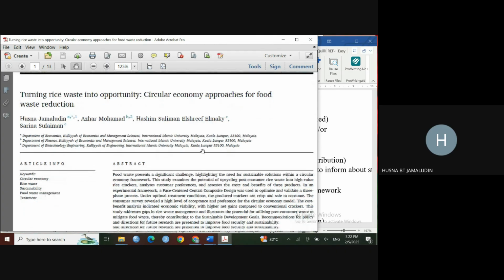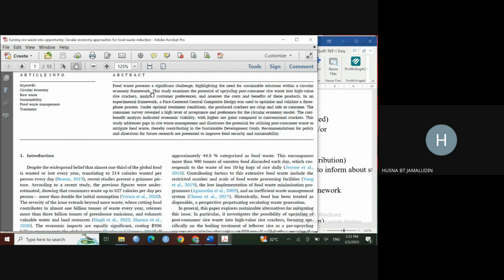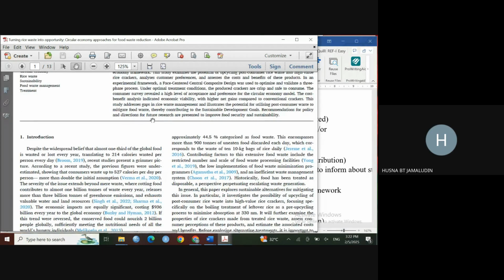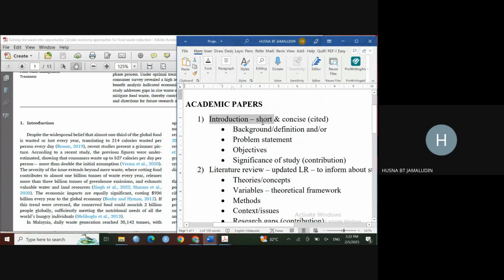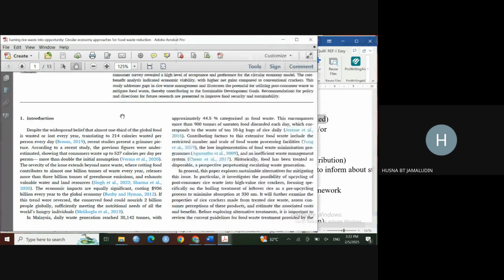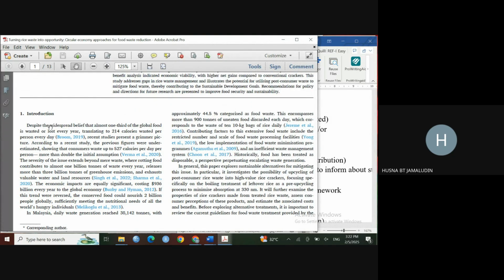Okay, so let's see what the problem is. You can tell from the topic, right? But still, remember, you have to back up your argument with citation. That's why I mentioned the introduction should be short and concise, but you have to have some citation. Okay, so I put here, despite the widespread belief among almost 1/3.